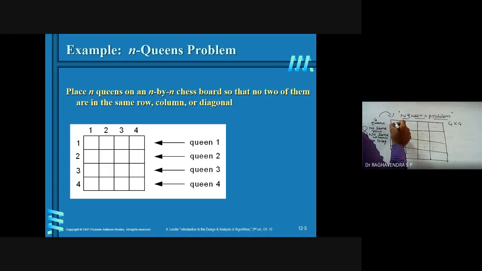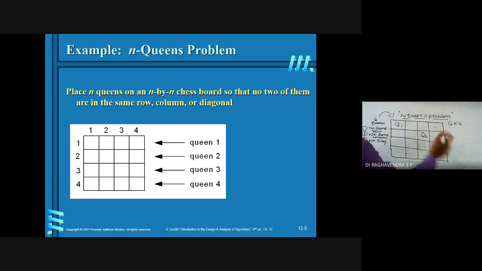Suppose I am going to place queen 1 here, I cannot place any queens in the same row, I cannot place any queens in the same column, and I cannot place any queens in the diagonal also. So if I take here, what will happen? I cannot put here because of diagonal clash, but I can certainly insert queen 2 here. So that is one possibility.